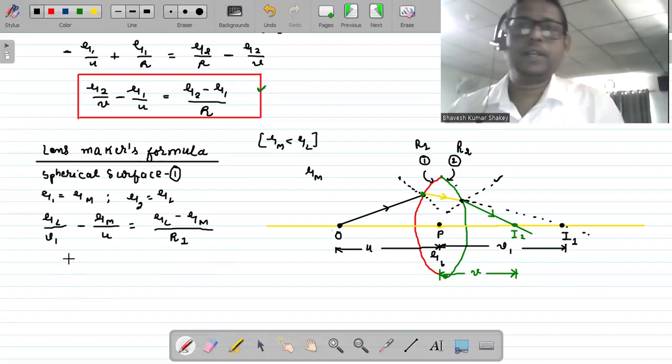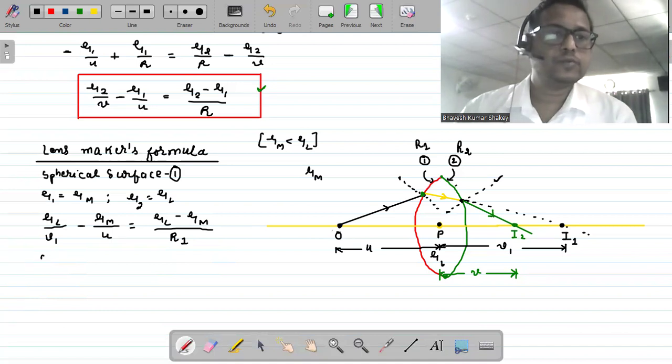Now let's write it for spherical surface 2.